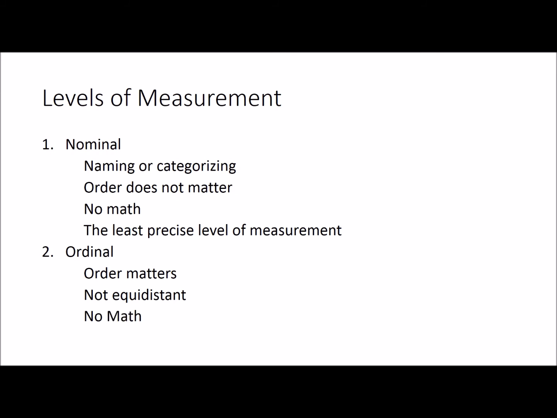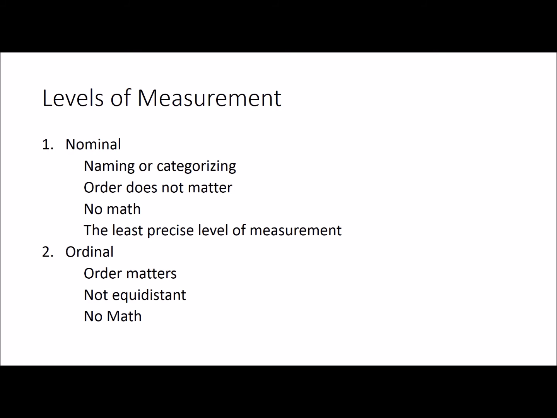There's no math involved with ordinal. You can't add up first and second place scores in a race. It makes no difference. The order is really what matters, but the distance between the points are not equal.